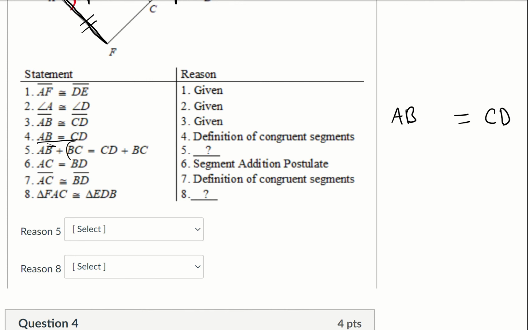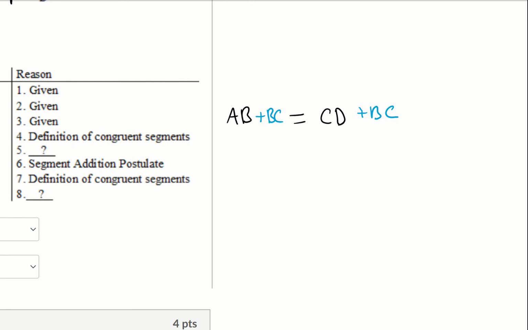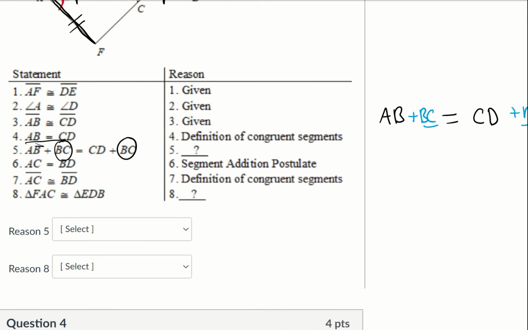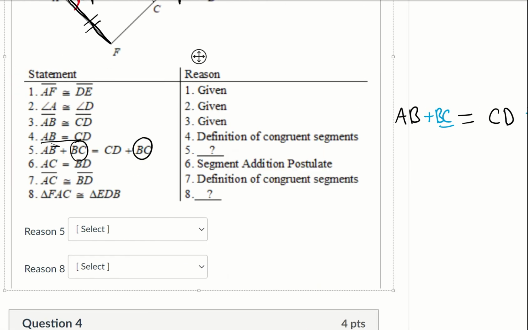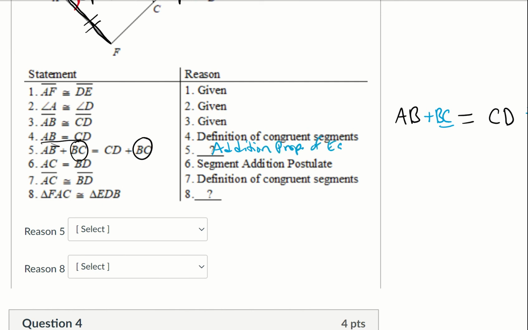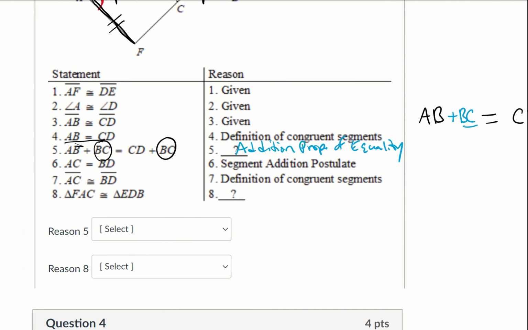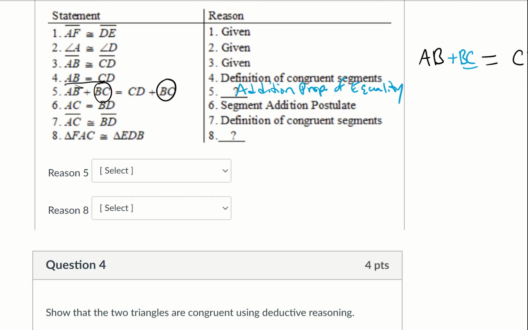In this case, notice that we added BC on both sides. When you add the same number to both sides, that's known as the addition property of equality. So that's the reason for step 5.